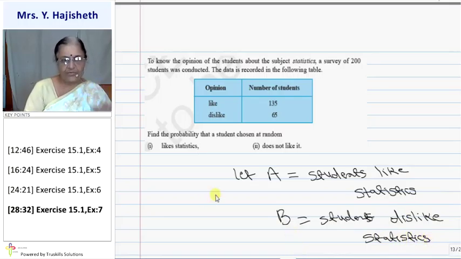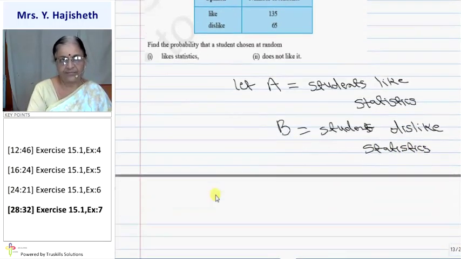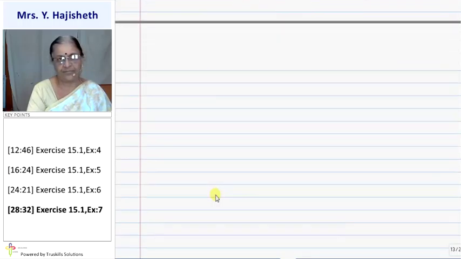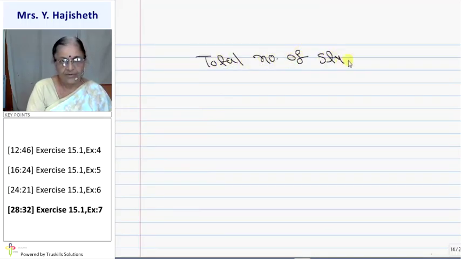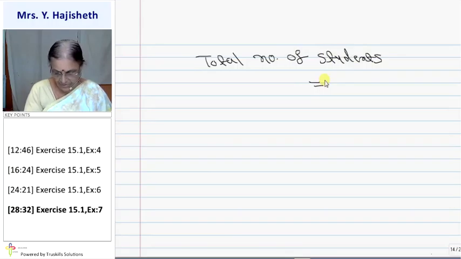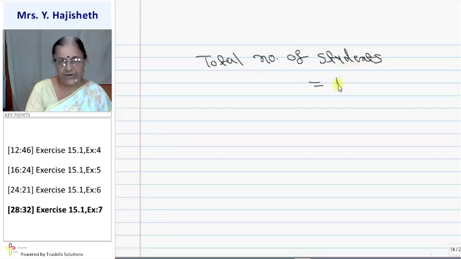Now the total number of students is equal to how many? Total number of students is 200 because 135 plus 65 is 200.